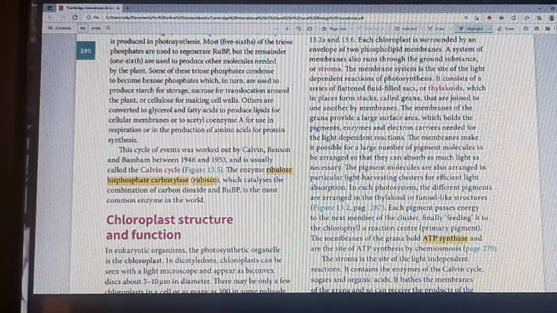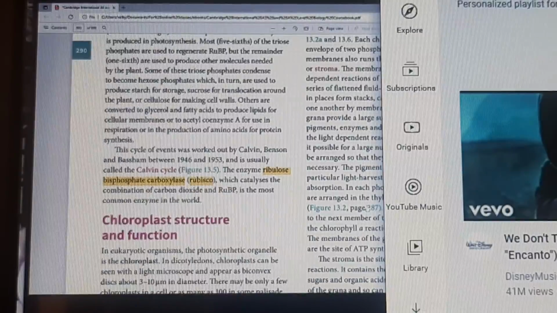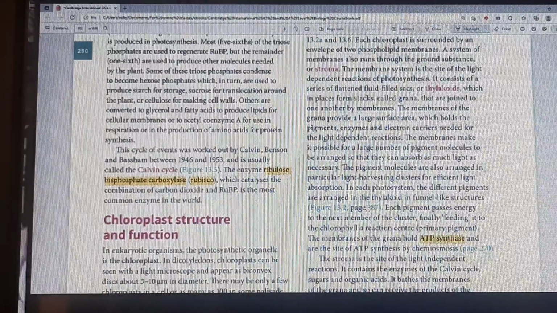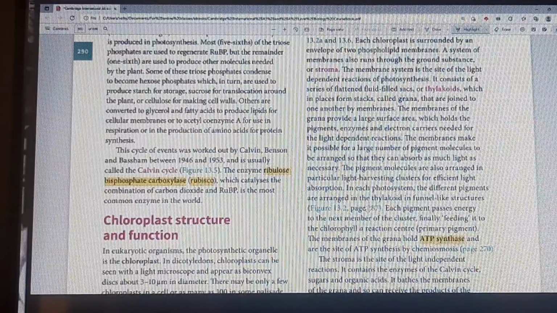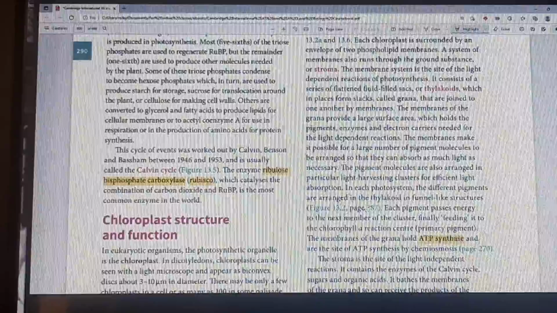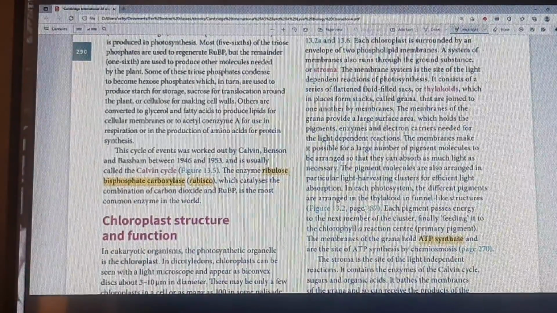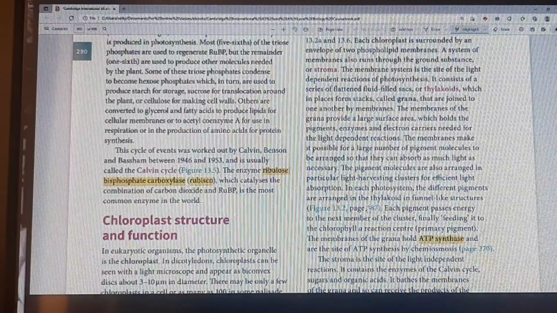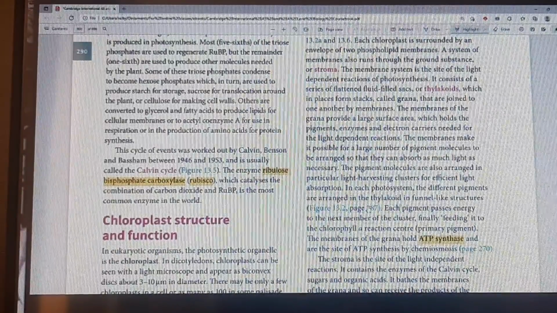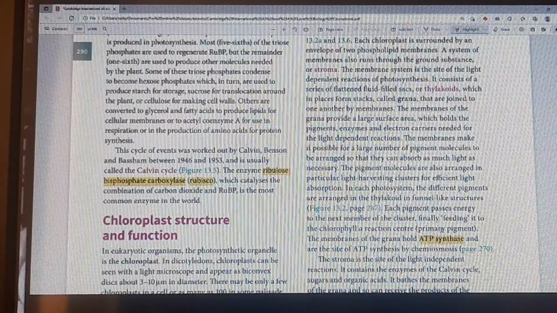This is the evidence of the evolution of mitochondria and chloroplast, proving that they have the same common ancestor. Otherwise, how could two different organelles have the same enzyme and perform a similar mechanism in producing the ATP, right? So rubisco and ATP synthase, keep those in mind.